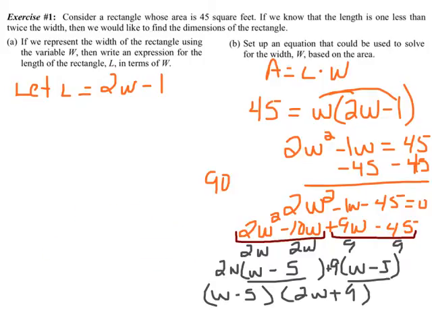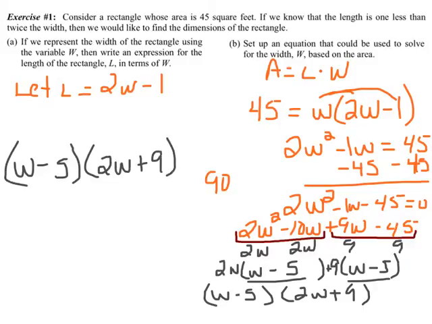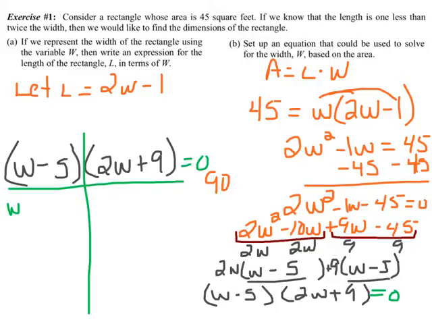Alright, I'm going to go ahead now and move this up here so we can tee it up. And let's remember from yesterday how we do that. We go right down, I'll do it in my green just like I did, my T-bar. Tee it up and we solve for those solutions. Because it does say equals 0 all the way through my problem, I say W minus 5 equals 0 and 2W plus 9 equals 0.